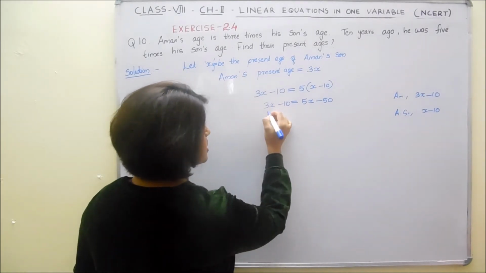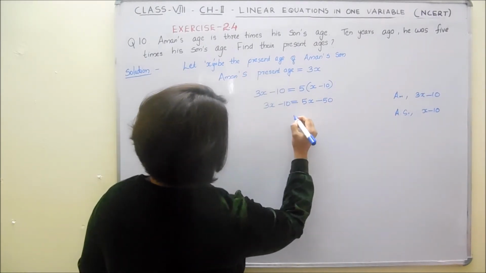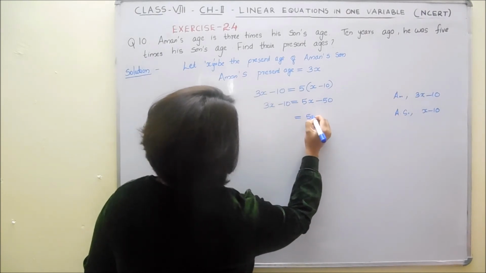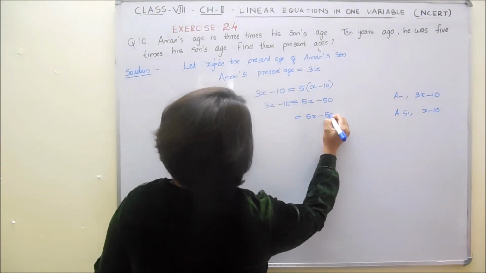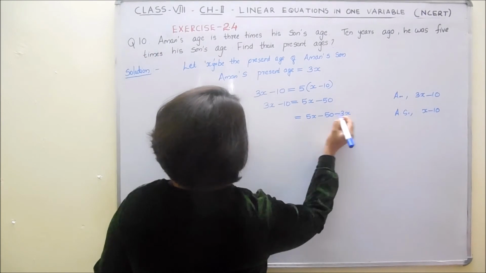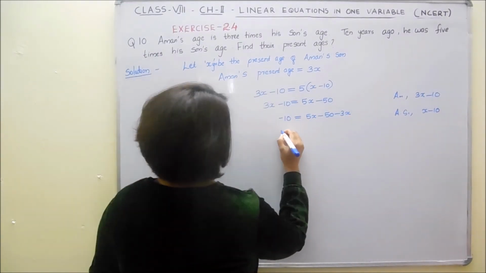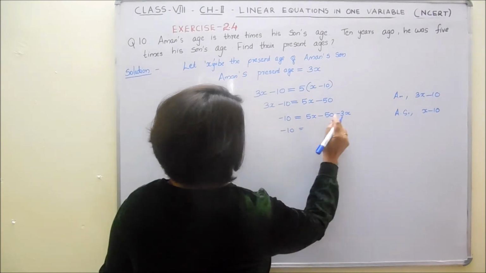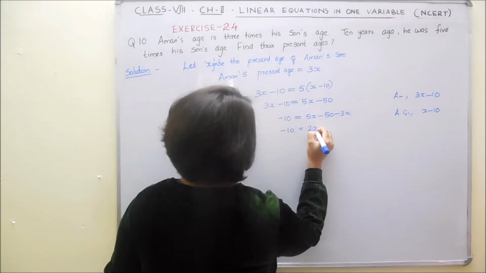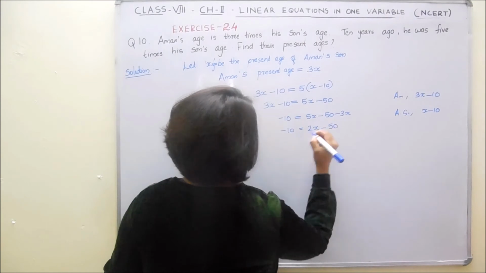Thus 3x I am transposing into this side, then it would become 5x minus 50 minus 3x. Here it will remain minus 10. Okay. So minus 10 equal to 5x minus 3x would be 2x minus 50.